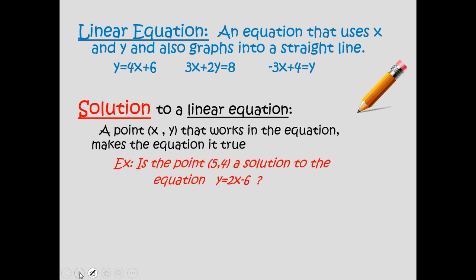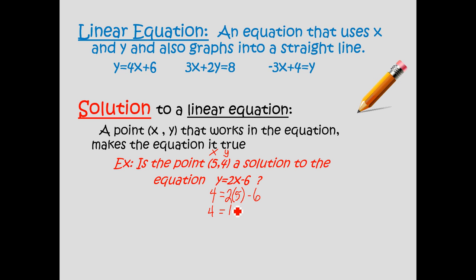How would I know? Well, I'd test it out. There's a (5, 4). 5 is the x, 4 is the y, and if I plug it into this equation down here, it has to work to make it true. We'll go ahead and plug it into the equation and see if it works. So 4 equals 2 times 5 minus 6. So I'm going to leave the 4 on that side.